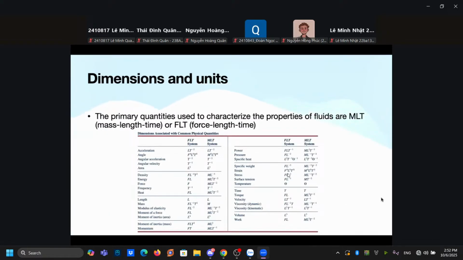The primary quantities used to characterize the properties of fluids you can see in the table, with the dimensions associated with common physical quantities.